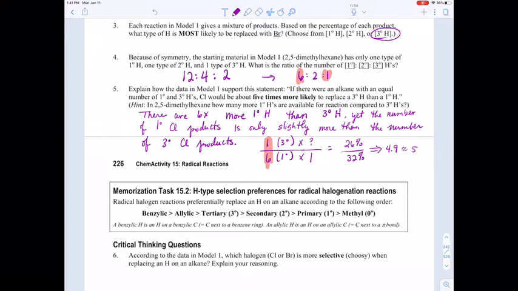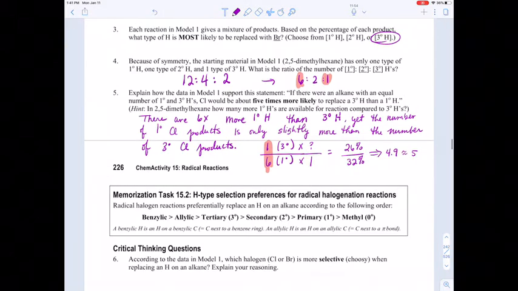Okay, so the answer is we would be about 5 times more likely to replace a tertiary. We see that right up here. That's what we were wanting to solve. Okay, if that didn't make sense, hit pause and play around with this until you can get this to make sense for you.